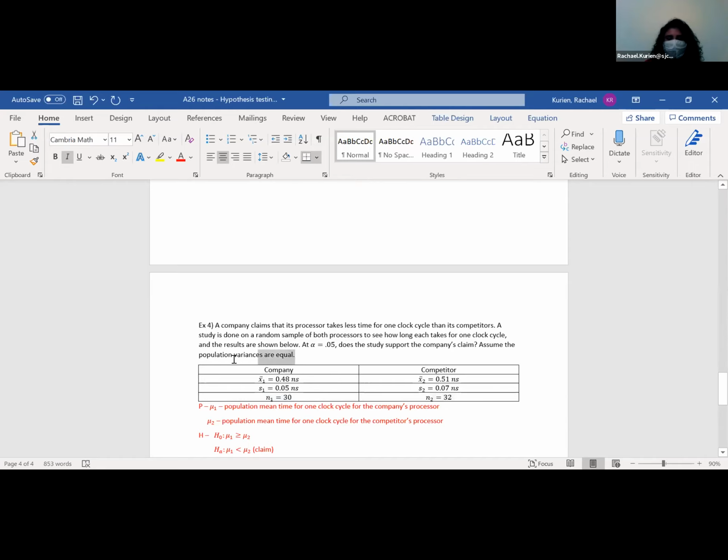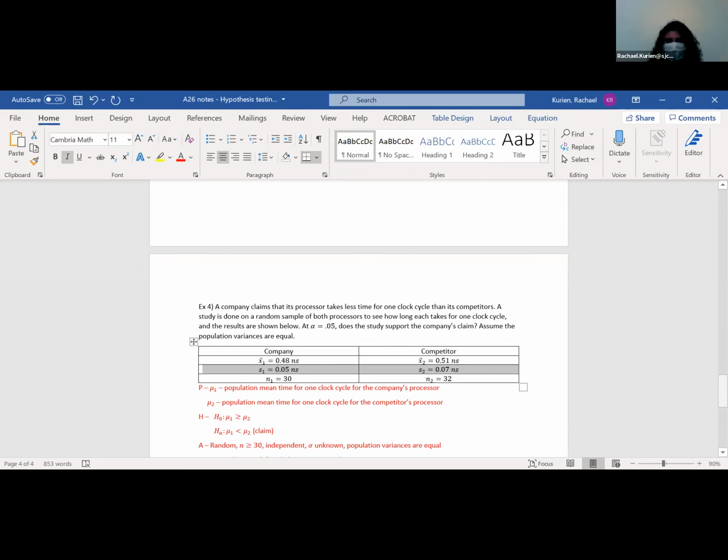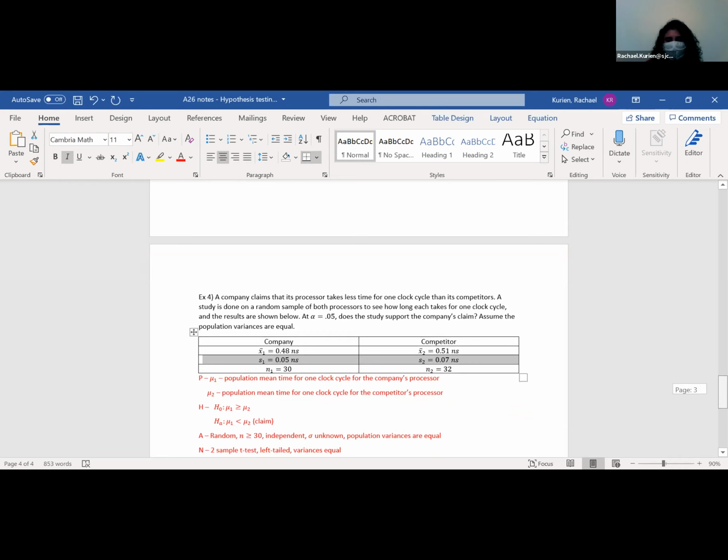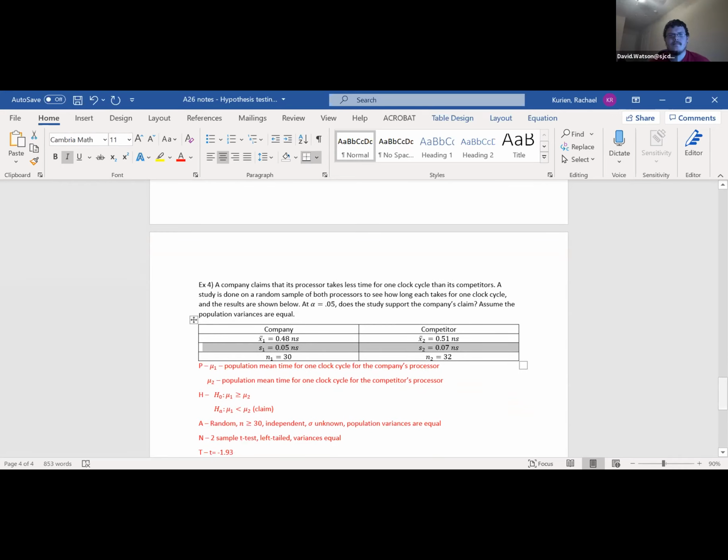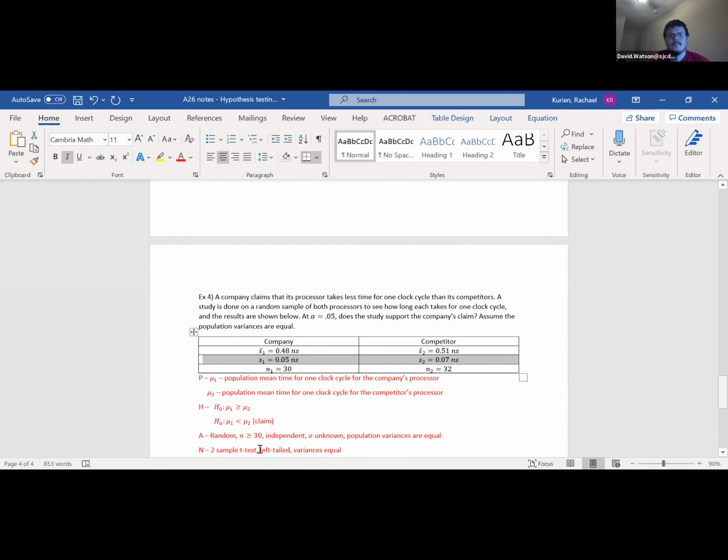Population variances are equal, so we have that. And lastly, the population standard deviation is unknown because we're given our S instead of our sigma. So here we have our assumptions. So we will be using the 2-sample t-test. It is left-tailed because this is pointing to the left, and the variances are equal.